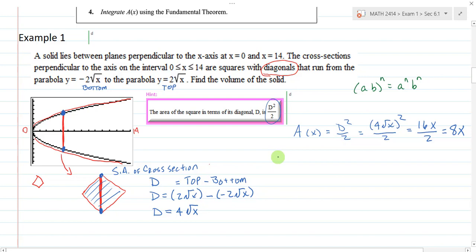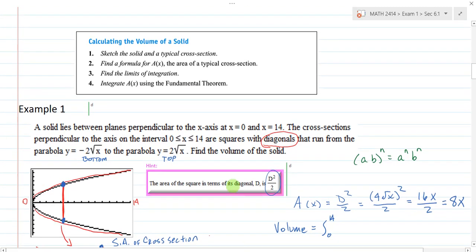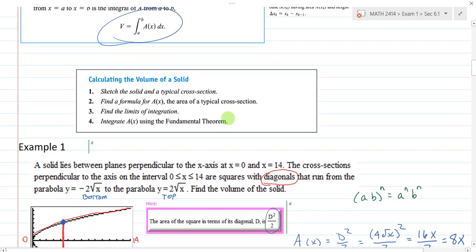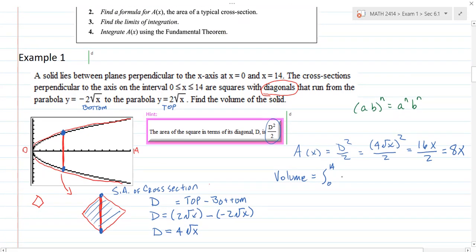So to find the volume then, we set up an integral so that our bounds are going to be along the x-axis, and then our cross-sectional area, and this comes from this formula up here, in case you forgot, that cross-sectional area is going to be equal to 8x, and then we're integrating with respect to x, dx. Whatever your variable of integration is, that tells you what axis you look at on your picture to determine the bounds for your integral. Any questions about that?